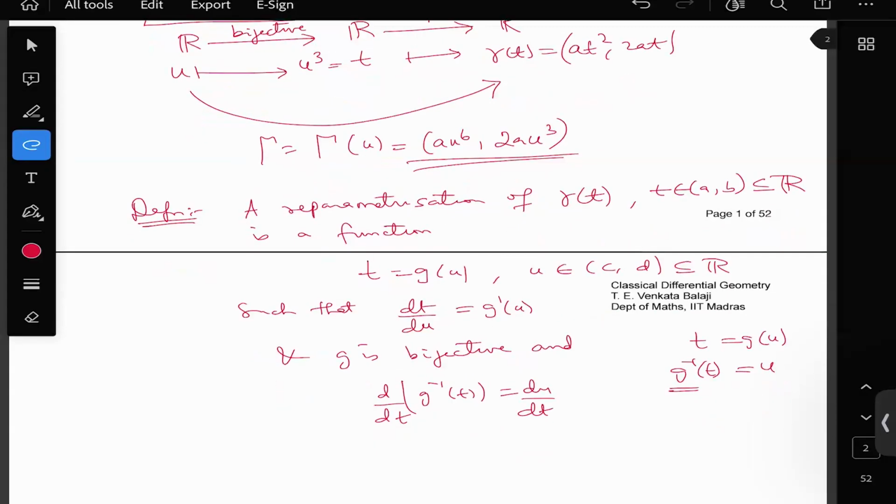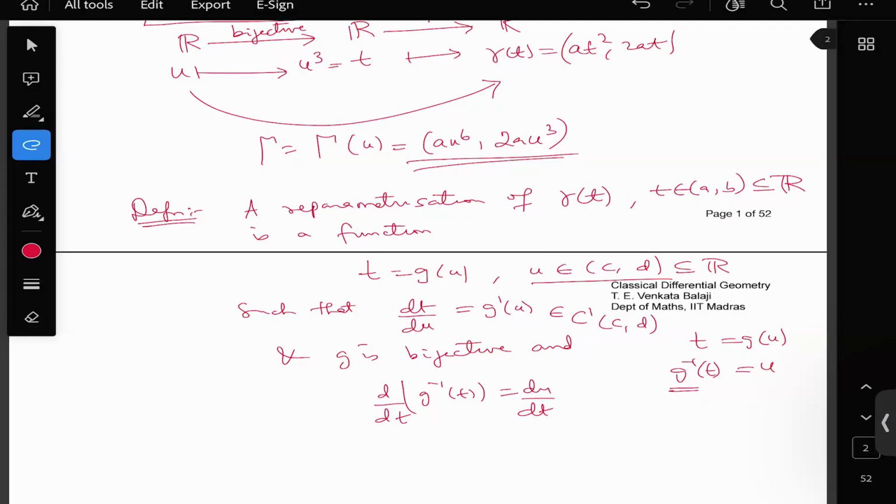Both derivatives should exist, and let us follow this convention that whenever a derivative exists, you better require it to be continuous. We don't want a derivative which is not continuous. Here, g is a function on (c, d), so I want g' to be continuous on (c, d).